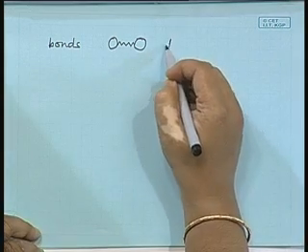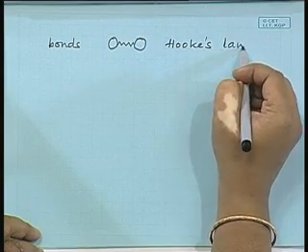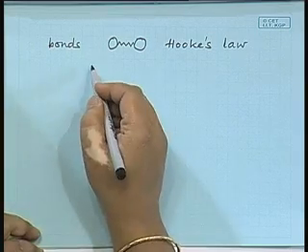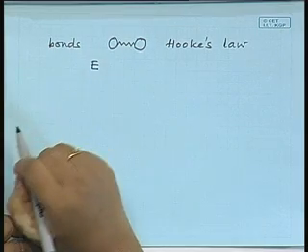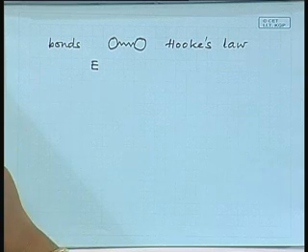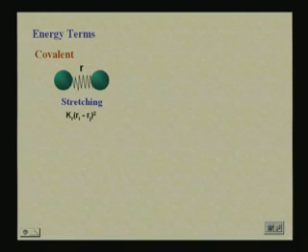All of you know what Hooke's law is. When you have two masses connected by a spring, they are going to give you some energy following Hooke's law. Okay? What is that? That is this. What is this energy due to? It is due to stretching energy. Okay? This follows Hooke's law.